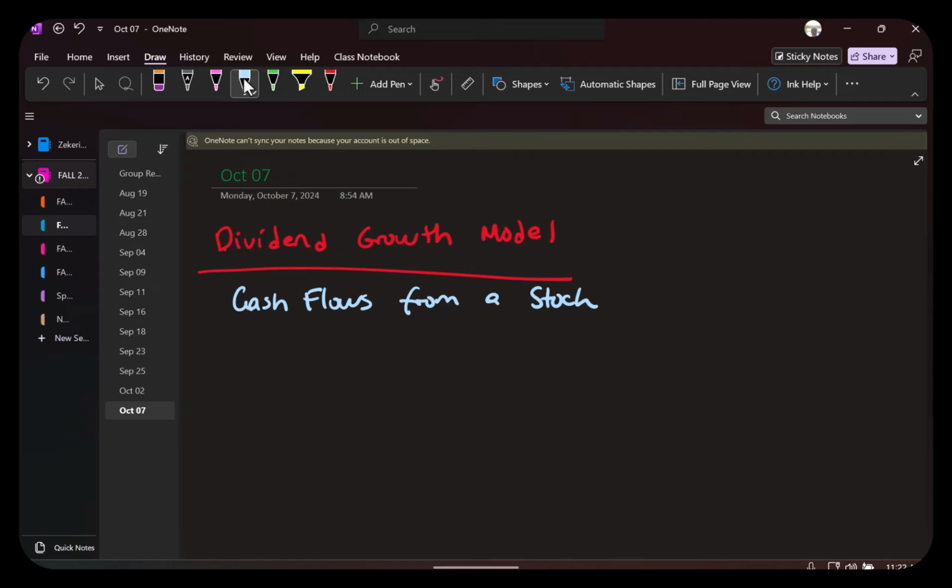Every once in a while, they go private, which means the majority shareholder buys out the minority shareholders. Dell, for example, has done that in the past. It is public again, but things could happen. The cash flows from a stock are simple. If you're going to hold them, they're the dividends.